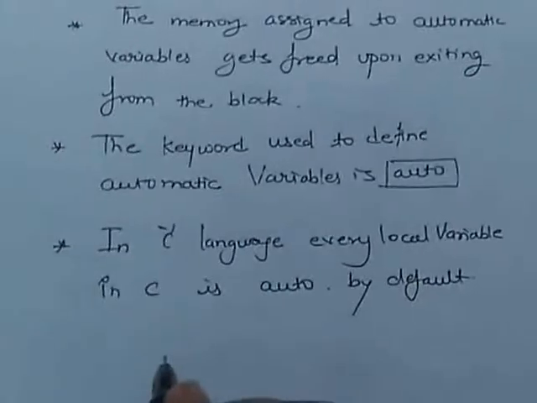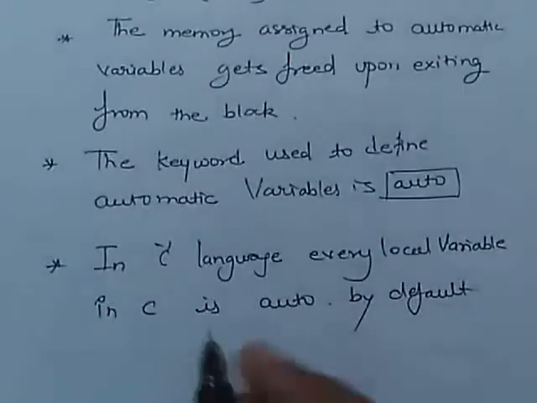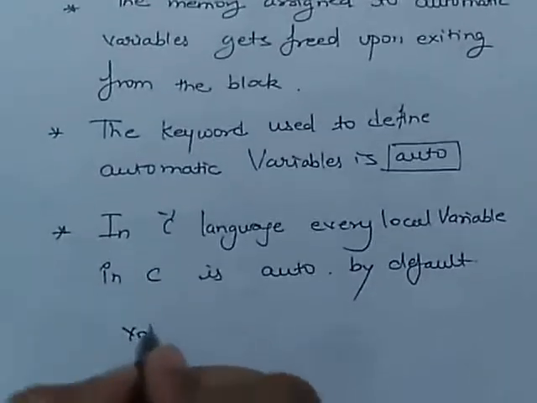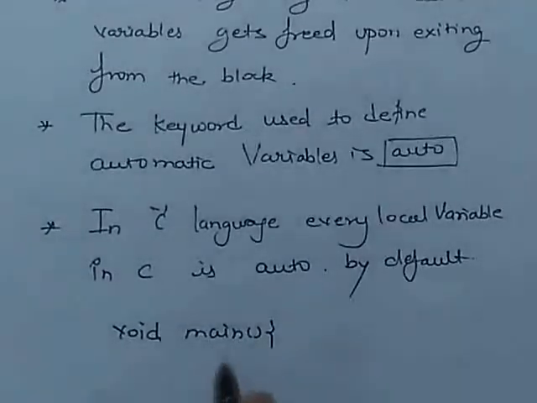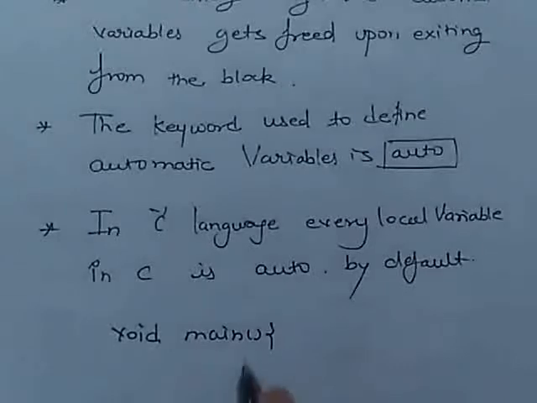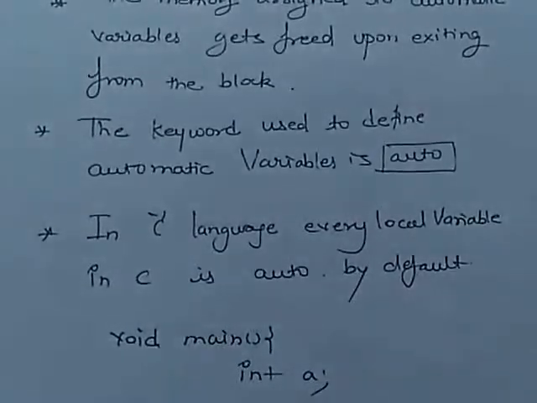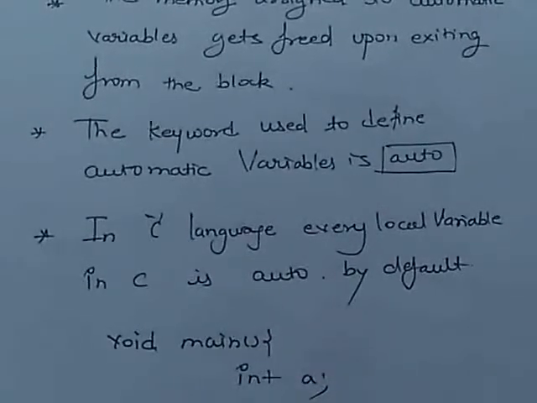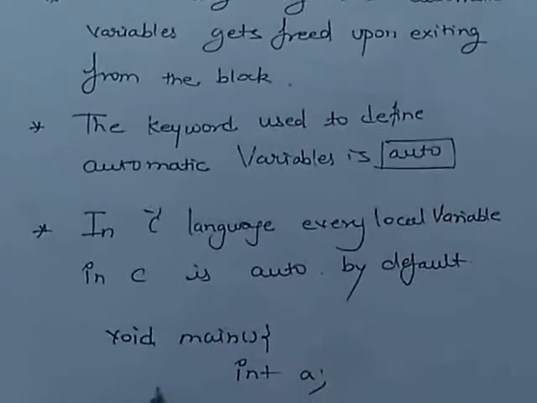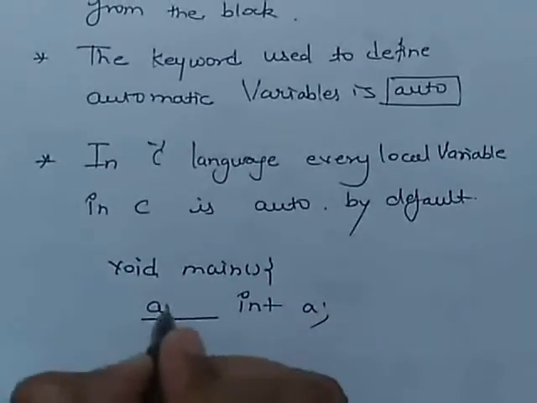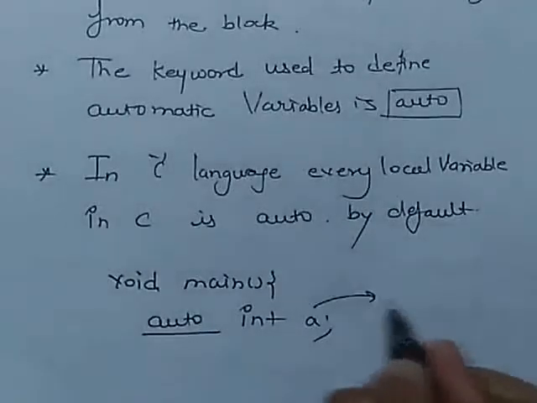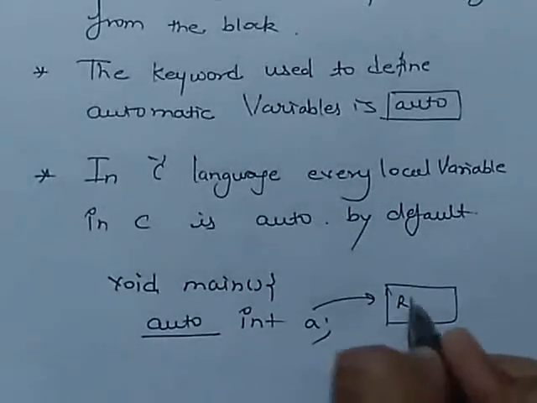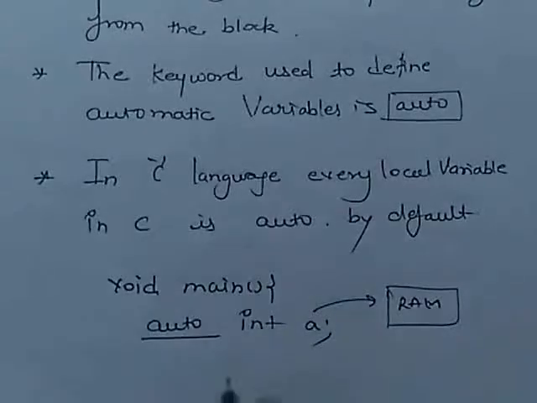Now, what we have to do, we have a main function. Inside the main function, we have a variable integer a. By default, it is auto, but if you want to explicitly mention it, then you have to mention auto here. So this variable will be allocated memory inside the RAM.